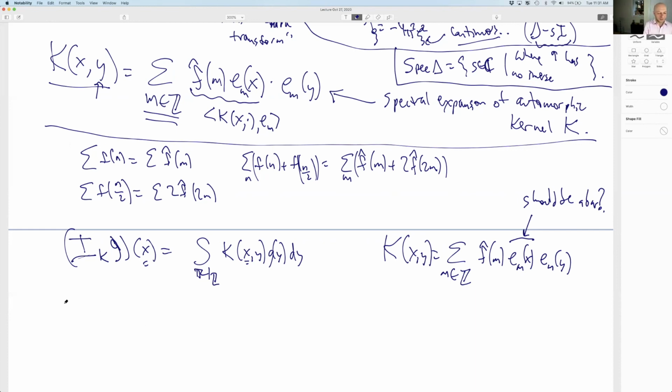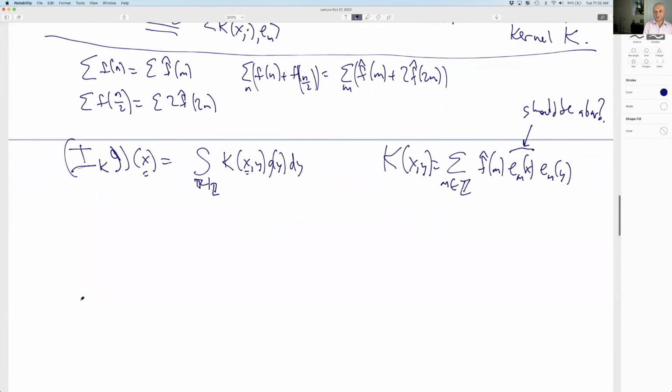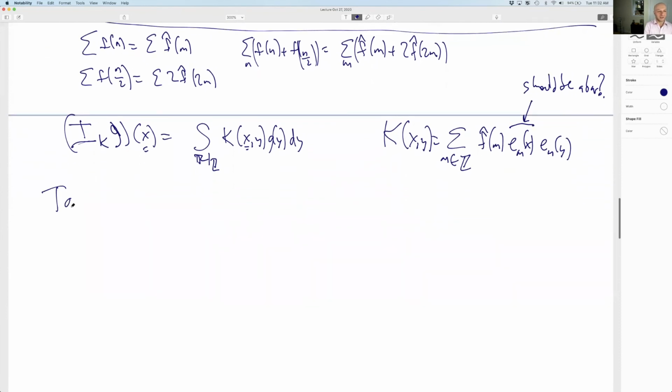So now let's take the trace of this integral operator. What does that mean? On one hand, it means you sum over the diagonal. The diagonal, instead of x and y, we have x and x. And by sum, I mean integral over the diagonal, k xx dx.